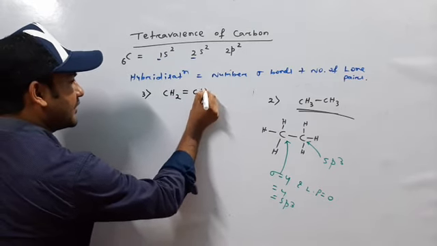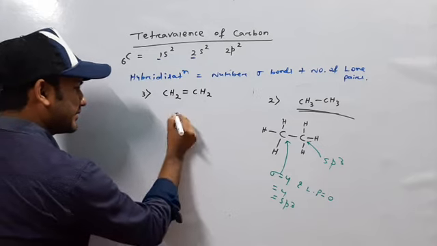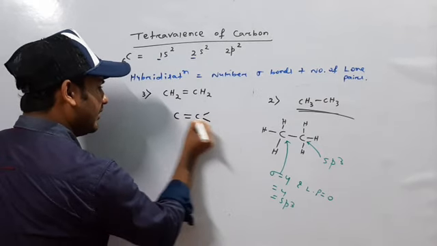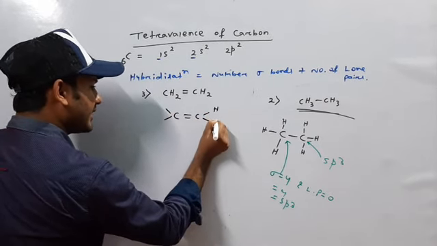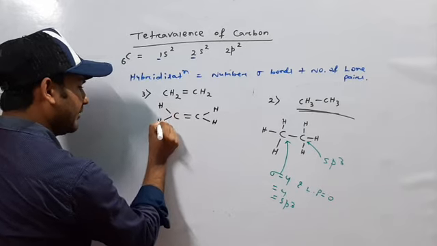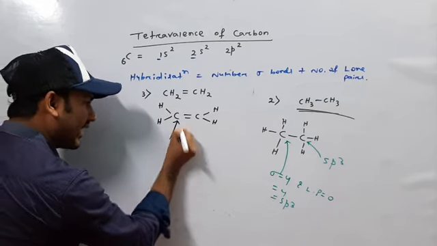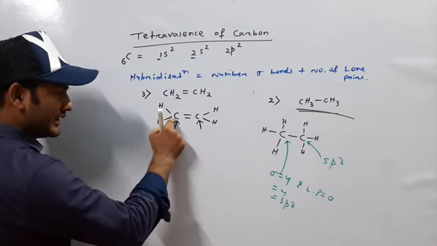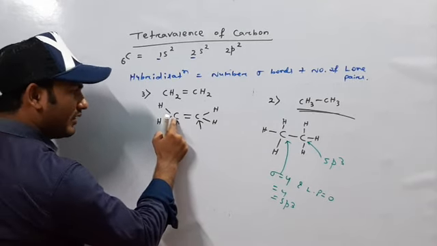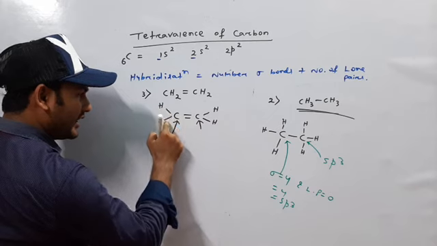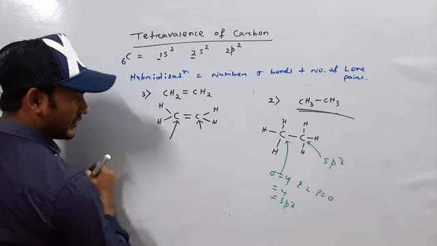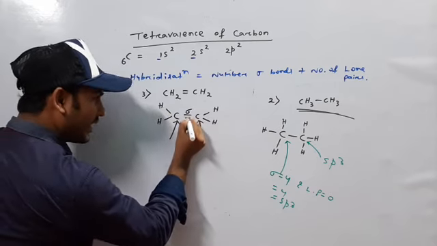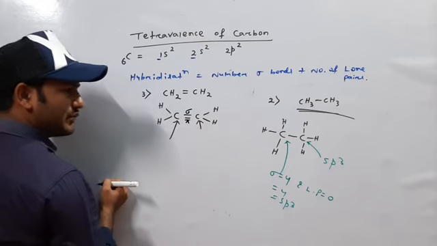Take another example, CH2=CH2. A double bond exists between carbon and carbon. We can determine hybridization for these 2 carbon atoms. This carbon atom forms a double bond and also 2 single bonds. In a double bond, one is sigma, another is pi.